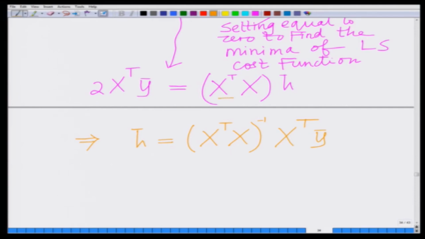So, this x transpose x, remember x is n cross m, so this x transpose x is an m cross m square matrix, and if this is invertible, I can take it on the left. Therefore, I have h bar equals x transpose x inverse times x transpose y.